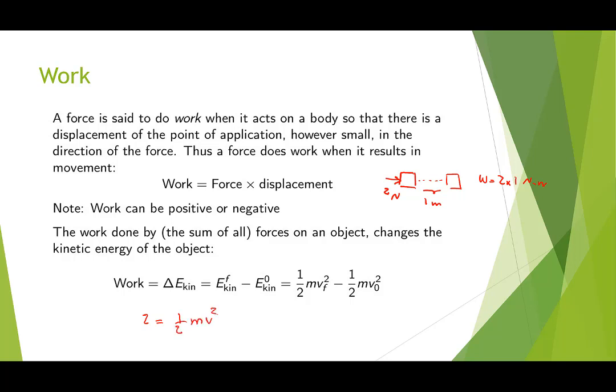So if it was essentially at the beginning stationary but suddenly moves, assume the mass of the object is 1 kilogram, then the velocity would be 2. So when you apply work to an object, it transfers into kinetic energy and moves the object.